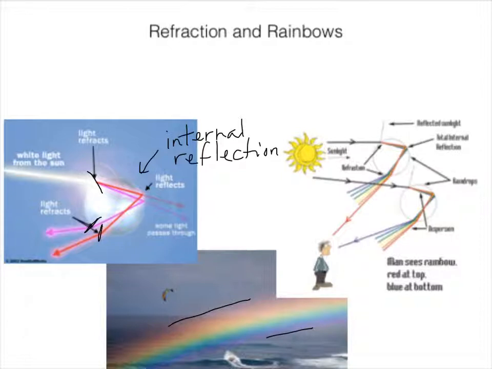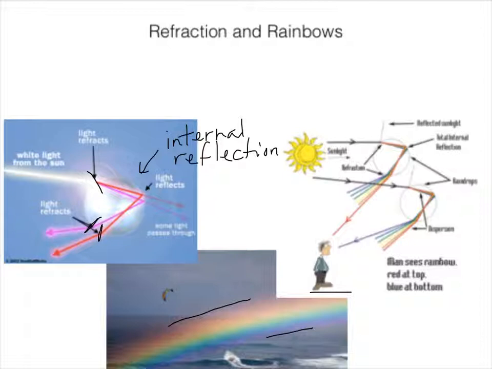And so, of course, in the sky, when we can see a rainbow, there's not one water droplet, there are billions of water droplets. And each water droplet is separately refracting the light. And so here you are as the observer, and because of your position, what you see are the light waves that are refracted into your eyes.